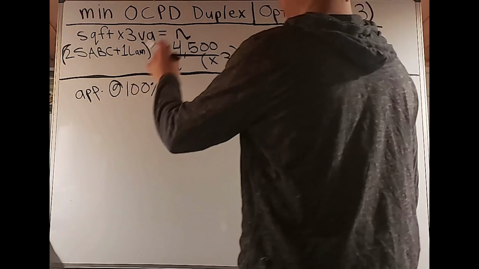So everything is rated at 100%, but no matter how many appliances we have, their ratings need to get multiplied by the amount of units we have. And here we're multiplying everything by 3. By the end of this video, I'll say that enough times so you'll remember and won't forget that duplex using the optional method is times 3. Of course, we're going to get a total number there, and then we're going to circle that total number and label it APP, and that is for appliances.